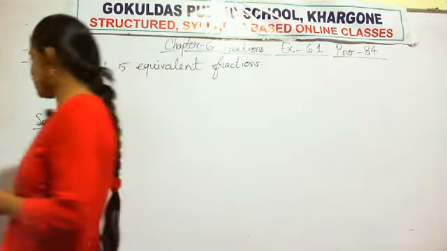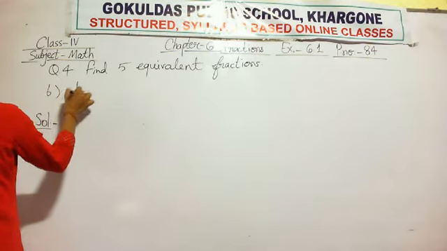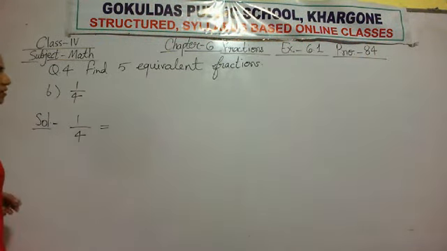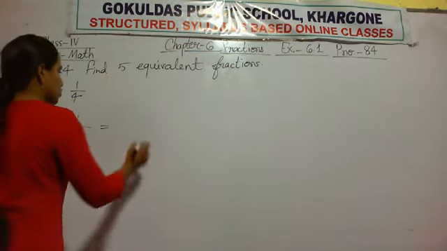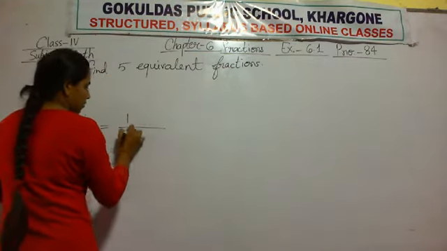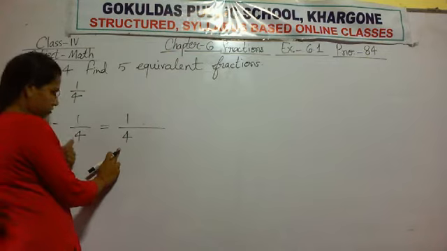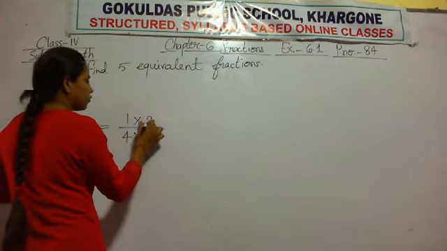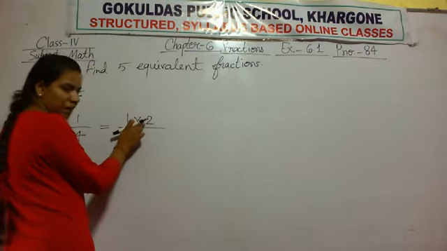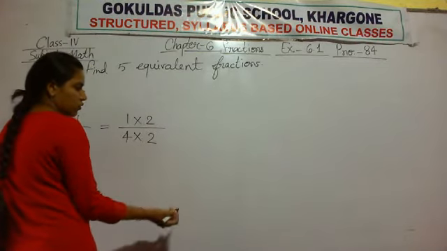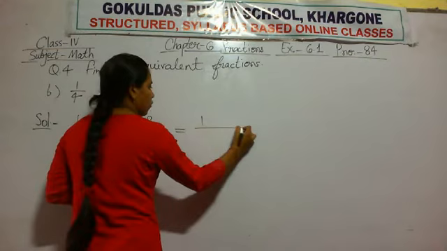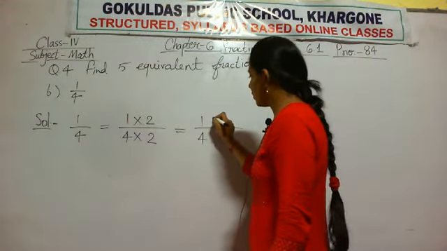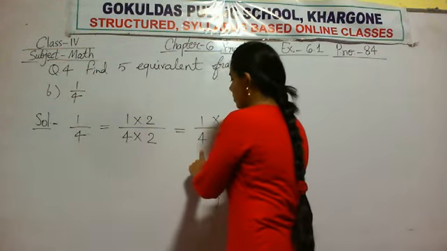Question number B is given: 1 upon 4. The given fraction is 1 upon 4, right? You want to write 5 equivalent fractions. So what am I going to do? I write 1 upon 4, the given fraction, and I am multiplying this fraction by 2. If I am multiplying the numerator by 2, the denominator also by 2. Now, next fraction, 1 upon 4, this given fraction, so I am writing it.